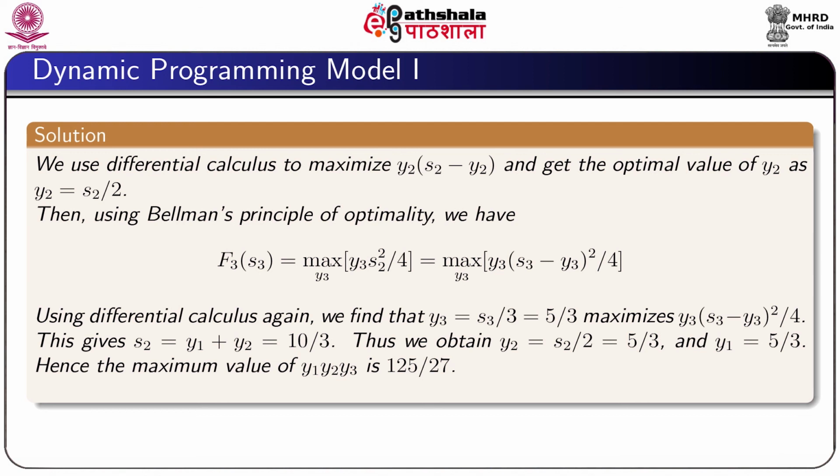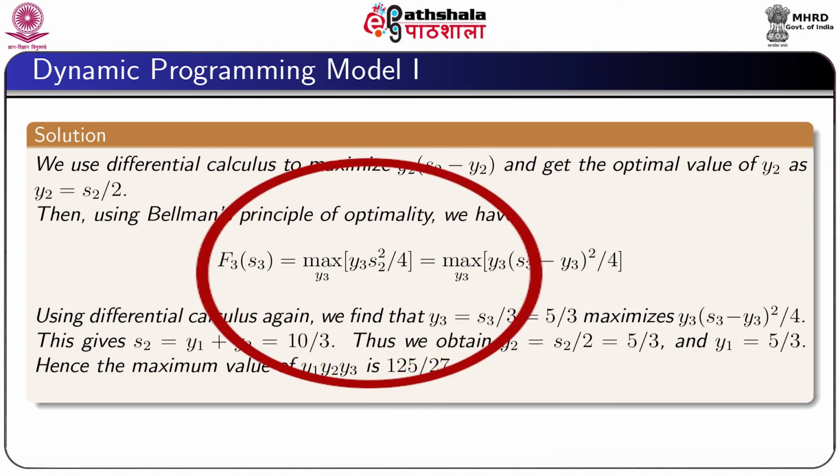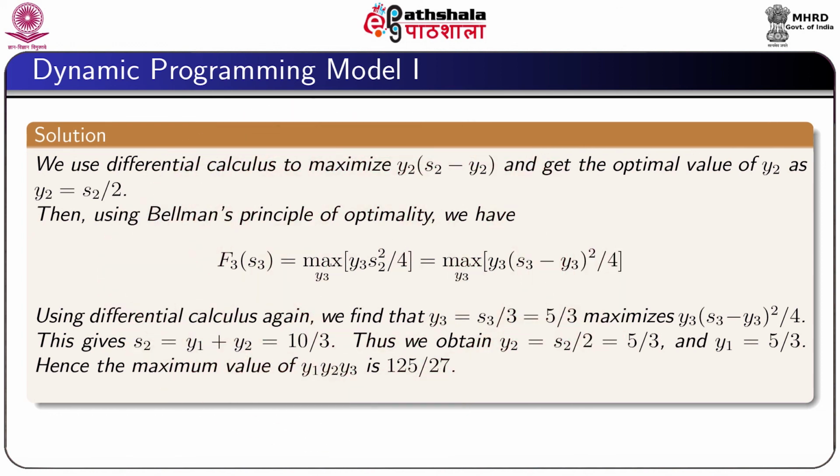Then by using Bellman's principle of optimality, we can write F3(s3) equal to maximum of y3 into s2 square by 4, and which can be written as maximum of y3 into (s3 minus y3) whole square divided by 4.